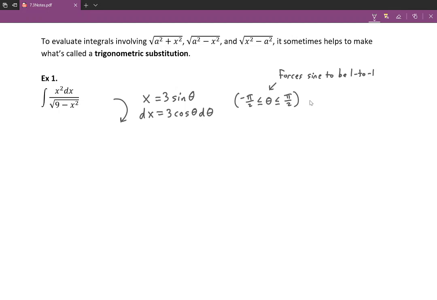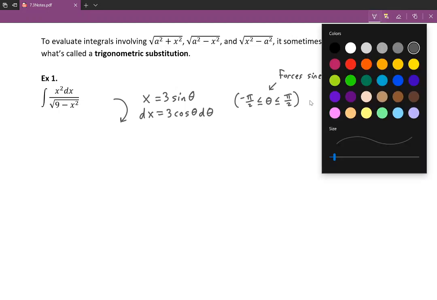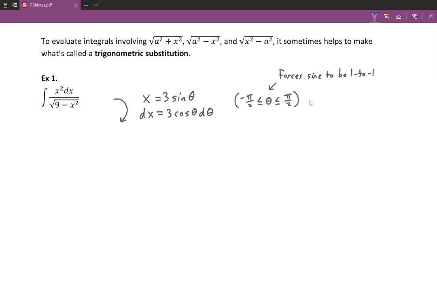Alright, so with this substitution, let's go ahead and replace all of the x's with 3 sine thetas. So we have the integral of 3 sine theta quantity squared over the square root of 9 minus open paren 3 sine theta close paren squared.